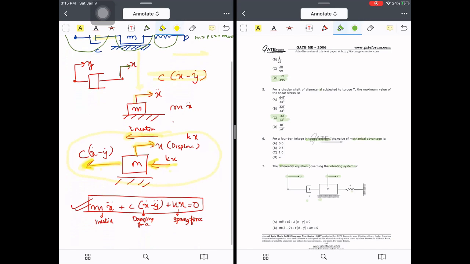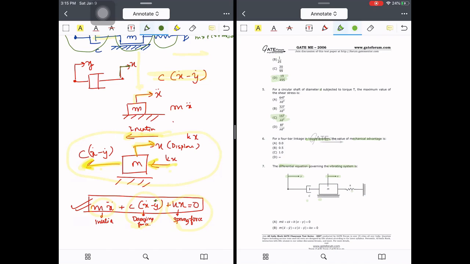And since we are giving the displacement in this direction, our inertia is acting in the opposite direction. So inertia, damping force and spring force are in the same direction. So just put it: m x double dot is the inertia force, this is the damping force, and this is the spring force, which are acting in the same direction. So we'll simply add up, that's it.